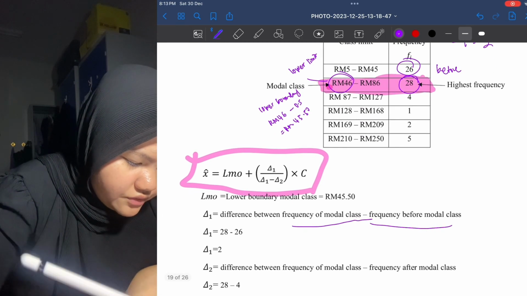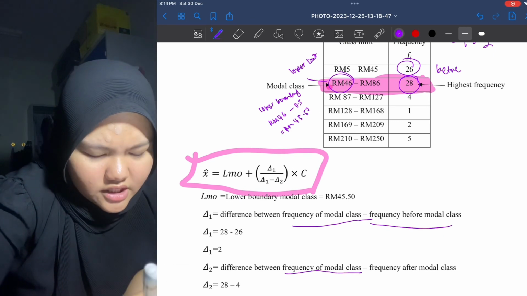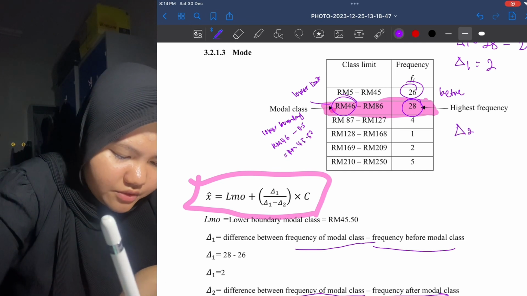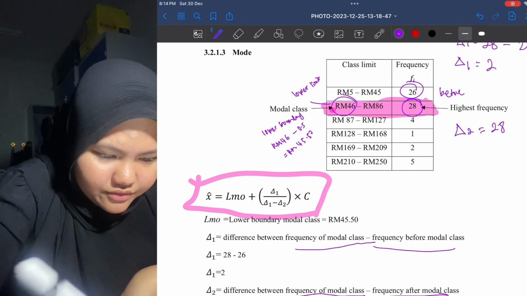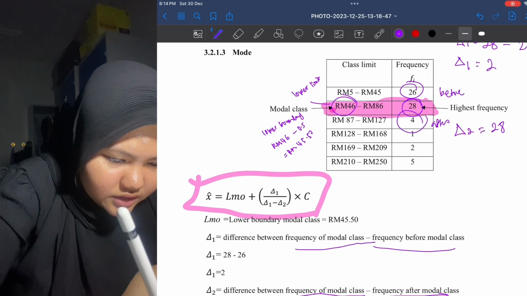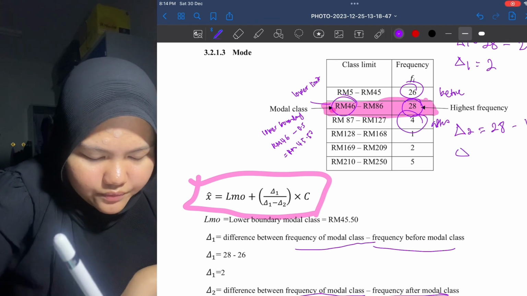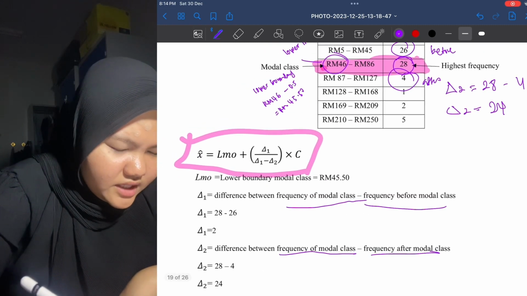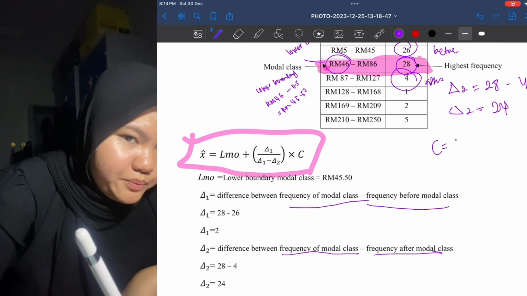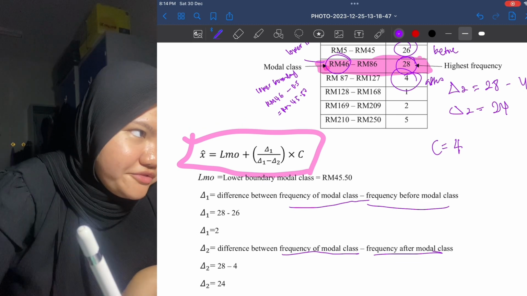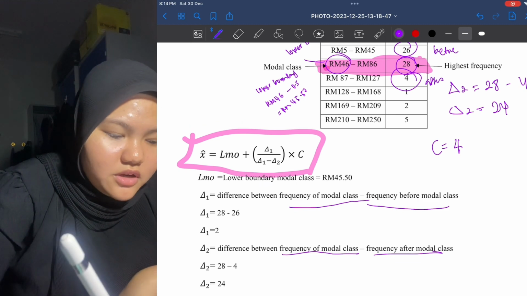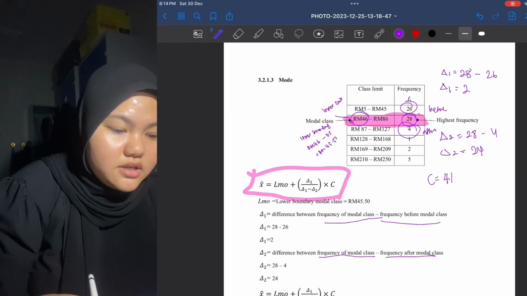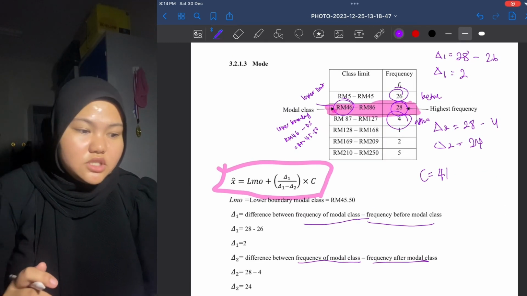Delta 2 is the difference between the frequency of the modal class and the frequency after the modal class. The frequency of the modal class is 28 and the frequency after is 4. 28 minus 4, and you get delta 2 equals 24. We already know from the previous median calculation that the value of C is 41. Then just substitute these values into the formula.